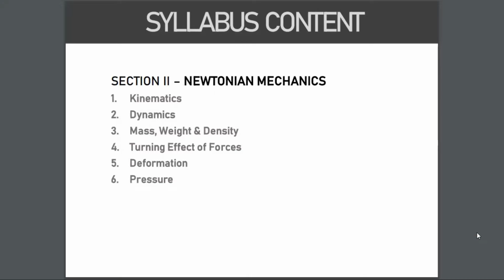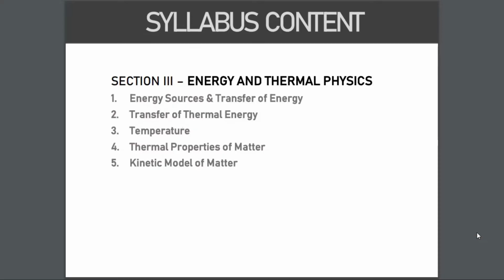The second section is Newtonian mechanics. It includes topics like kinematics, dynamics, mass, weight, and density, turning effect of forces, deformation, and pressure. This section is mostly about the different types of forces, their effects, and their characteristics. Then we have the third section, which is energy and thermal physics.